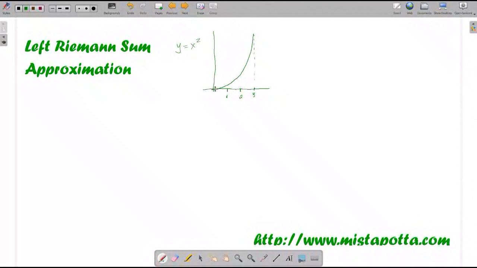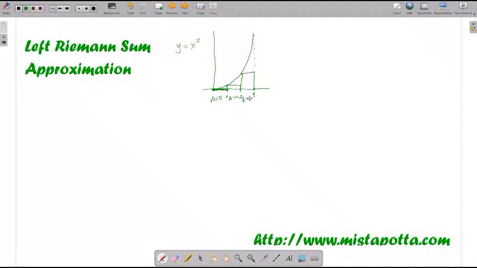So from 0 to 1, I'm using the left endpoint, and I actually have an area of 0 here. For this rectangle, I'm using it from 1 to 2 with a height of 1, and so my area is 1. And for this rectangle, the height is 4 and my base is 1.